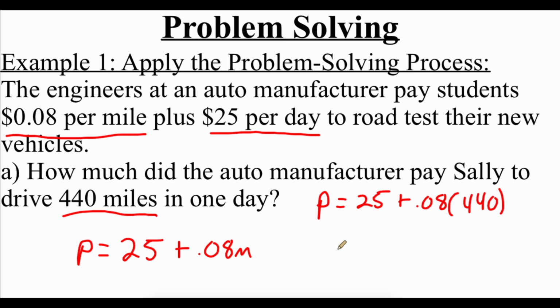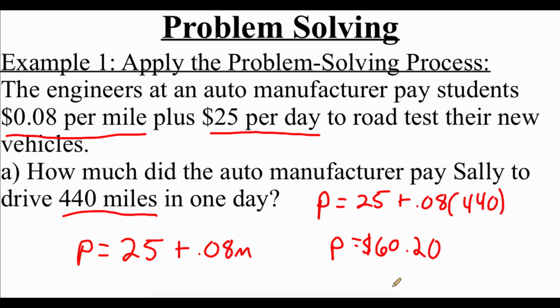And if we add the 25 to the 35.2, we're going to get 60.2. Now we want to translate this answer in such a way that it makes sense within the problem. We're talking money, so we might as well call this $60.20.